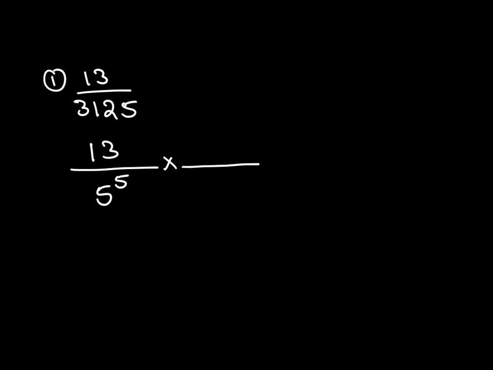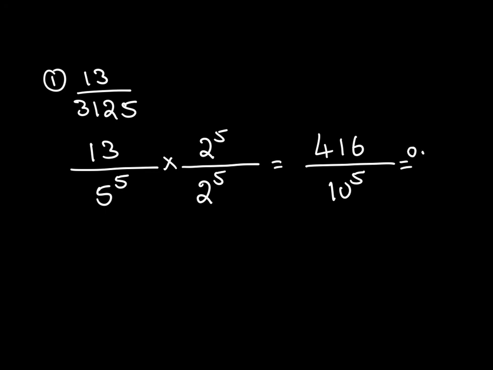So I'm going to multiply and divide by 2 to the power 5, so that the denominator becomes 10 to the power 5, and 13 times 2 to the power 5 is 416. Now I can easily express this in decimal form as 0.00416.